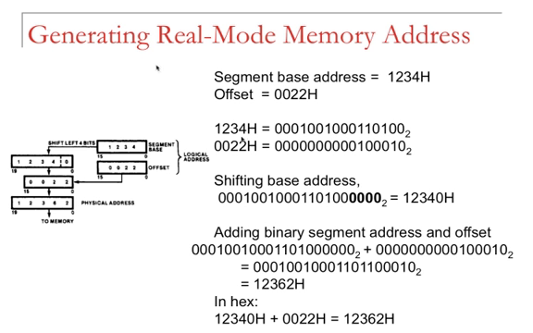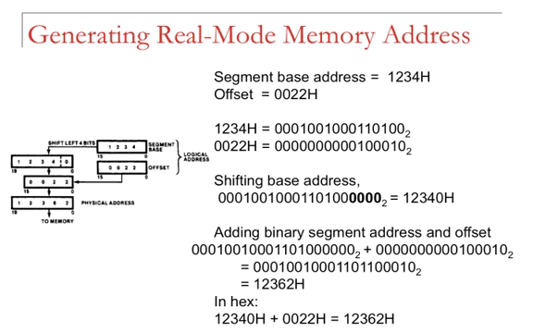We can write the equivalent binary representation of this value, and for the SBA and also for the EA. Okay, and we'll do one thing. Actually, we have two steps. First step is to shift the base address to the left by 4 binary bits, because those 4 zeros are the new zeros added to the end because of the shifting.